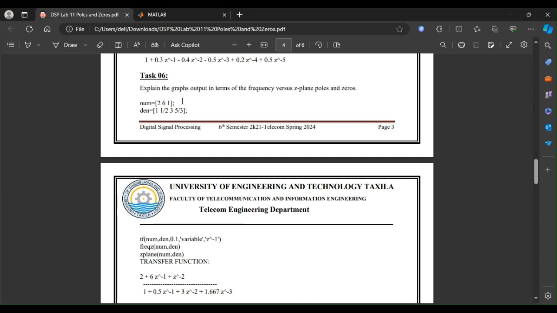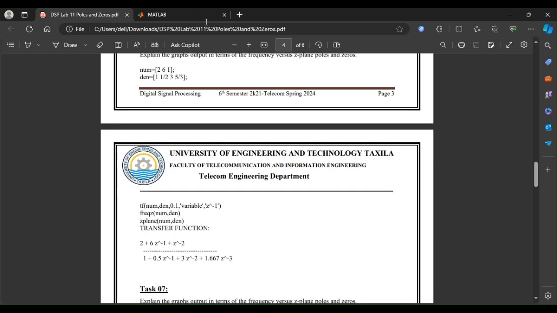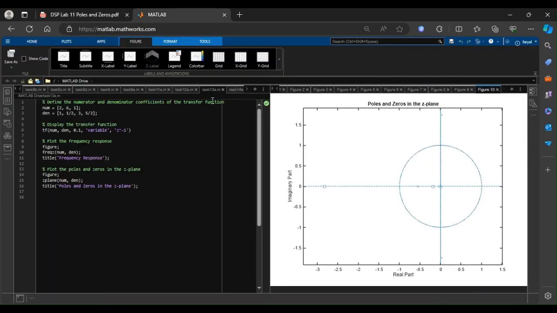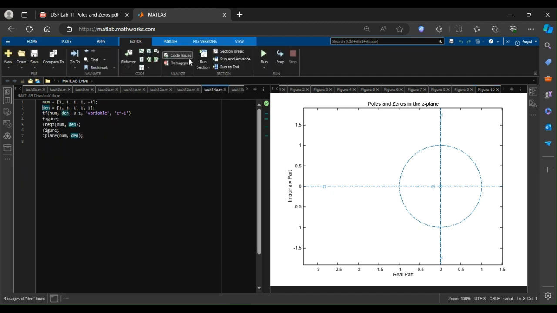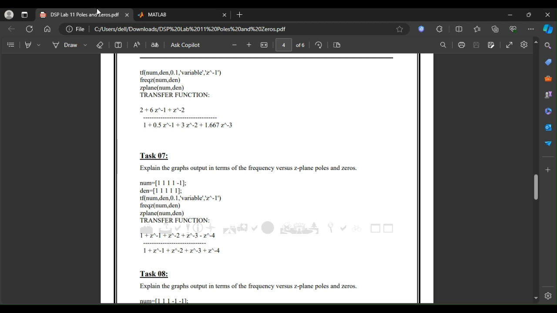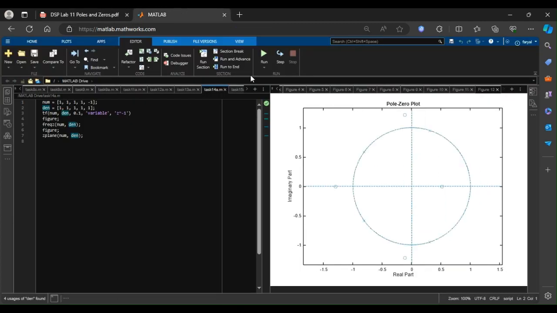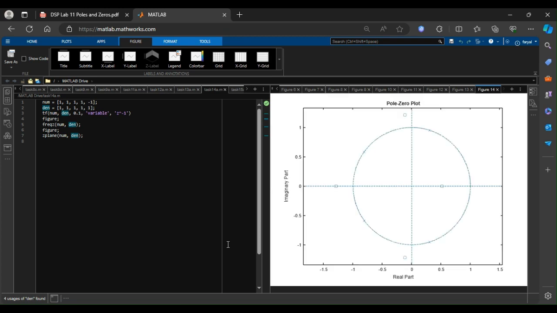Here is task 6 of today's lab with a numerator and a denominator. The z-plane plot visualizes the location of poles and zeros in the complex plane.